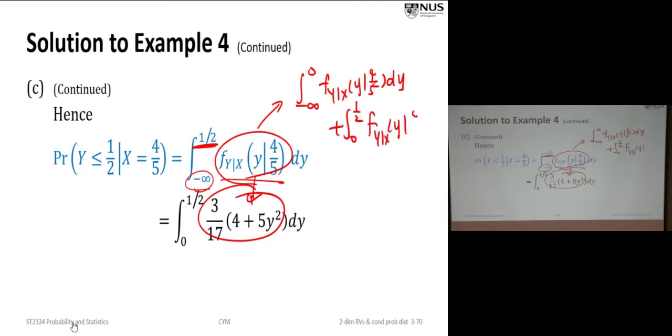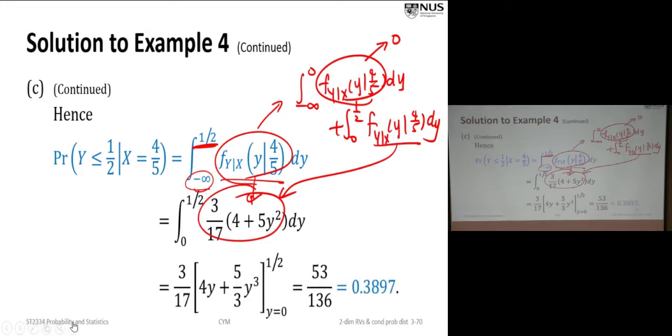This is equal to 0, the conditional distribution for y in the negative region is 0, while this part equals this expression. So we just integrate from 0 to half, and the answer is 0.397.